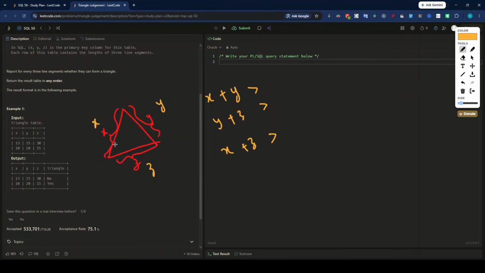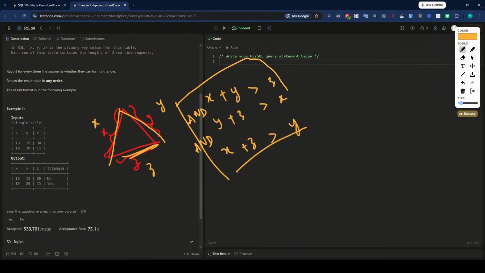It is common sense, right, guys? If you add these two lengths, they should definitely be greater than the remaining length. So x plus y should be greater than z, and this is an AND condition, guys. So y plus z should be greater than x, and x plus z should be greater than y. If all these conditions are satisfied, then I can say that x, y and z form a triangle.